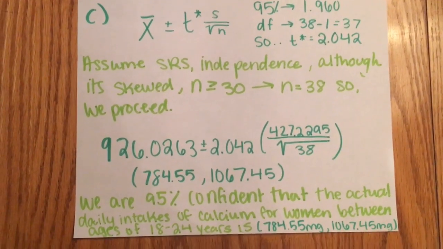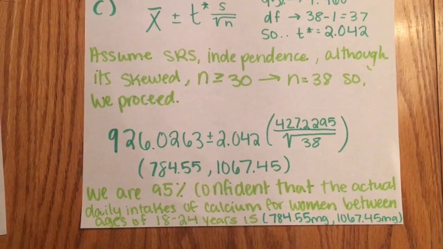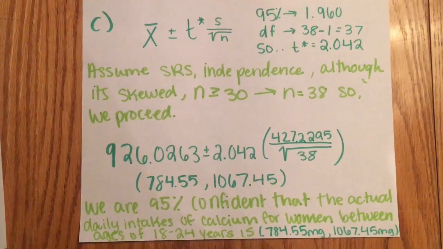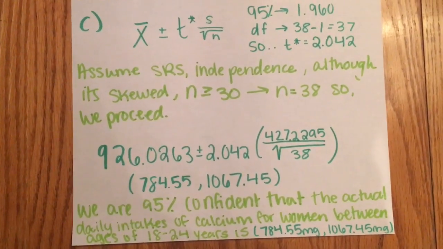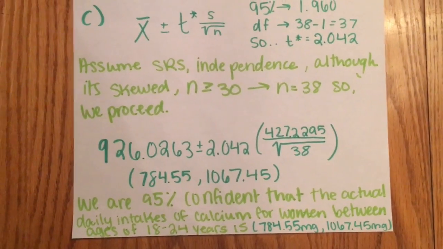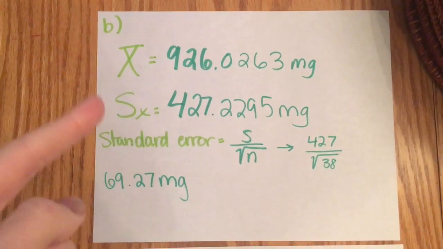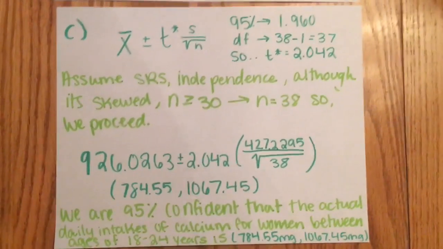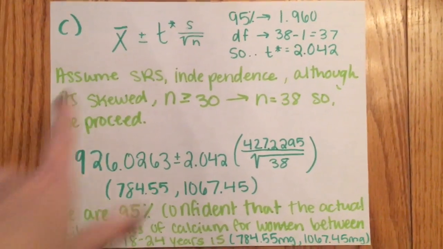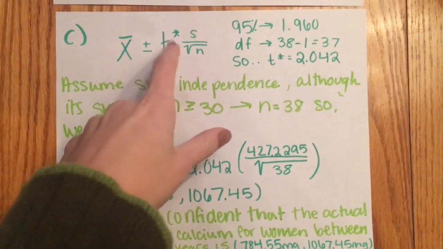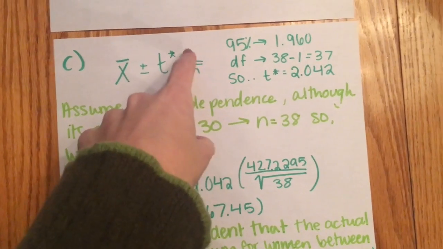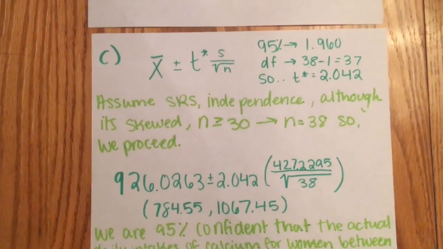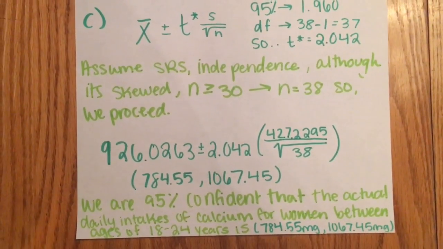Okay, so for part C, it wanted us to find a 95% confidence interval for the mean. And so I used all of the information previously found in part B, such as the mean and the standard deviation. To solve this, you would use the equation: the mean plus or minus t star times standard deviation over the square root of n.